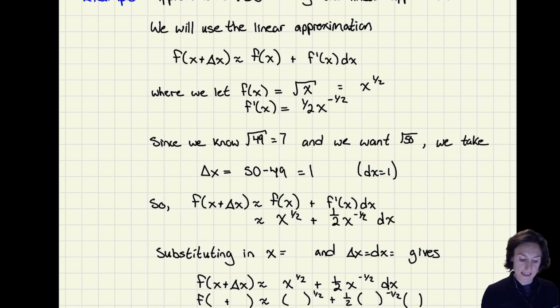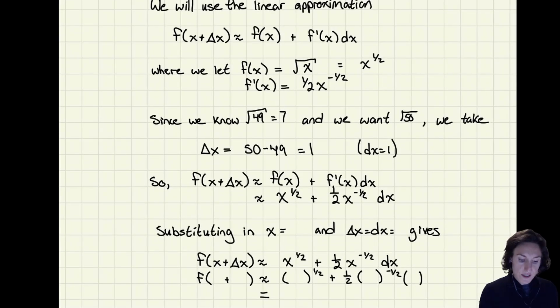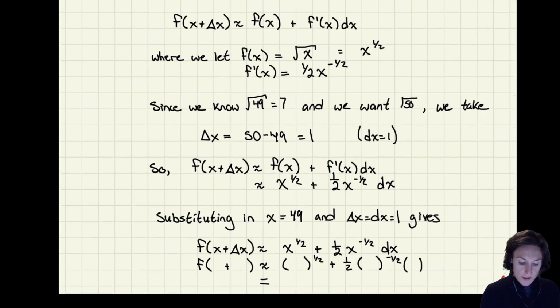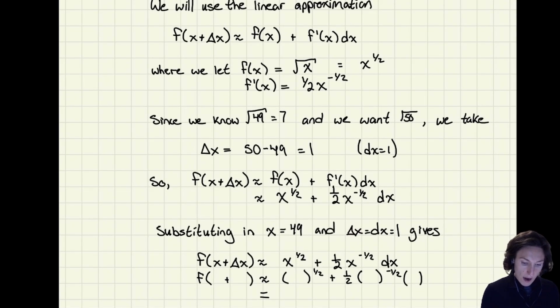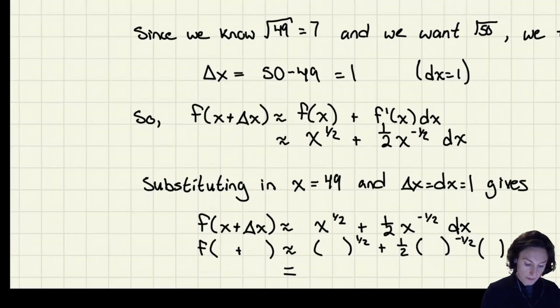And then I have my dx here. So if I substitute the thing that I know, 49, for x, and then the change in x, how far away I am from something I know, is 1, what this will give for our linear approximation is the following.